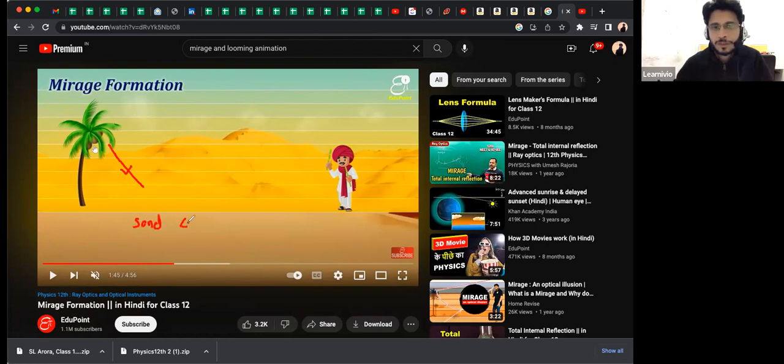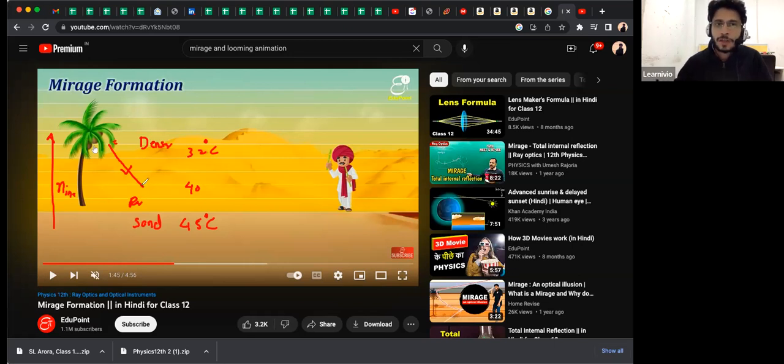Here temperature is let's say 45 degrees Celsius, so its refractive index is very small. As you go up, the temperature keeps on decreasing. So temperature decreases, that means refractive index increases. If you go up, that means your n increases. So the light rays which are coming from this tree are coming from a region which is denser to a region which is comparatively rarer. So the first condition of TIR gets satisfied.